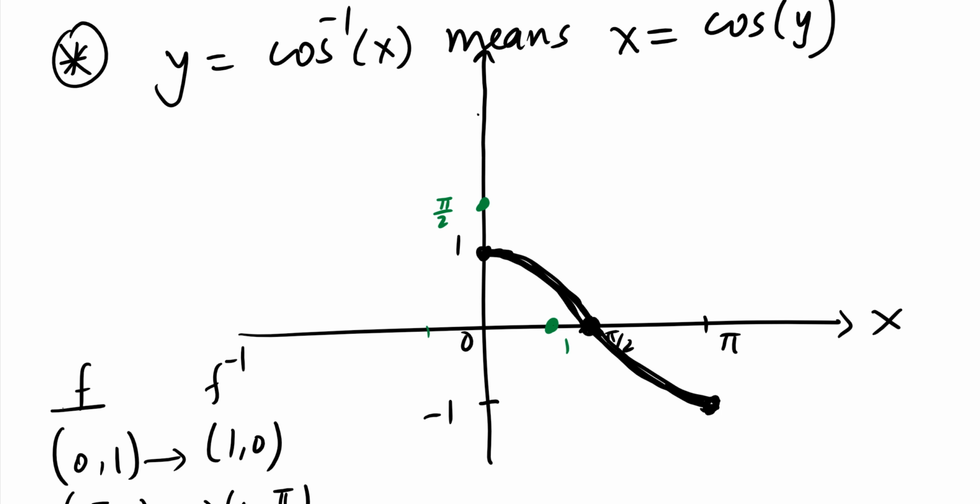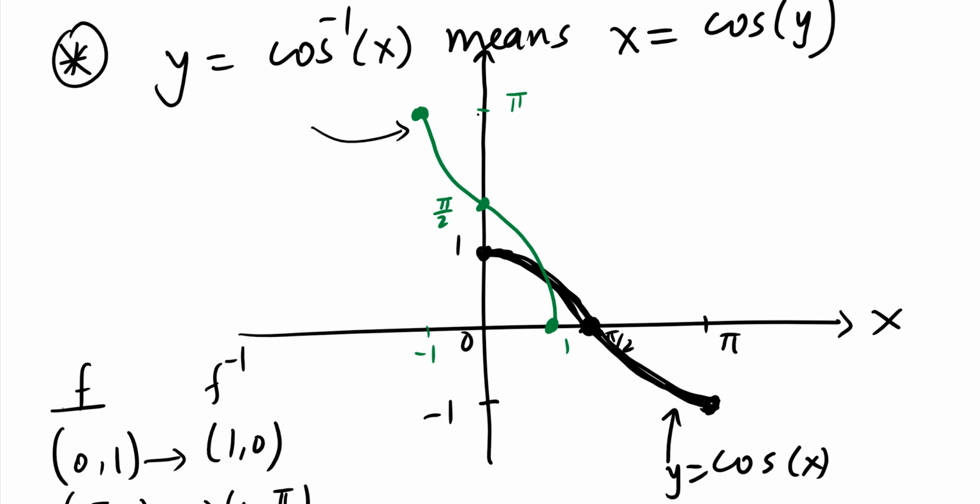That's -1, and let's say the pi is here. So it's going to be somewhere there, and it's going to come down through this. So this is the function y equals cosine x. This is the inverse, y equals cosine inverse of x.